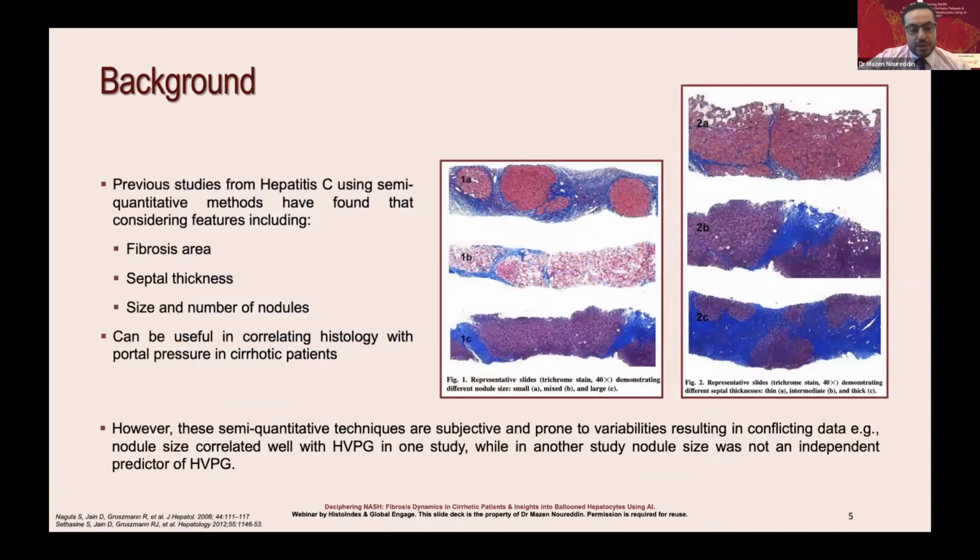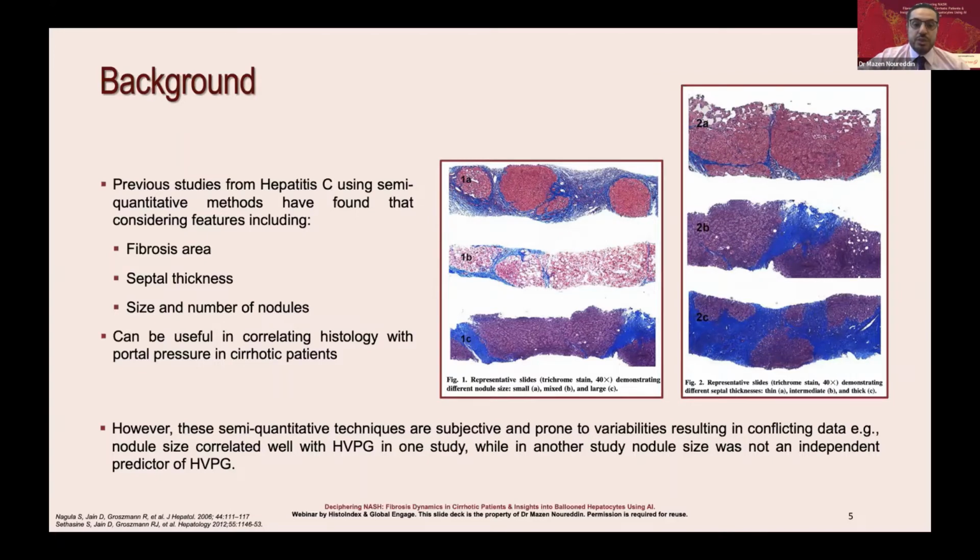And Professor Garcia et al. have done a few studies incorporating the concept that you should not just look at fibrosis changes, rather include the architecture of cirrhosis, fibrosis area, septal thickness, as well as size and number of nodules.